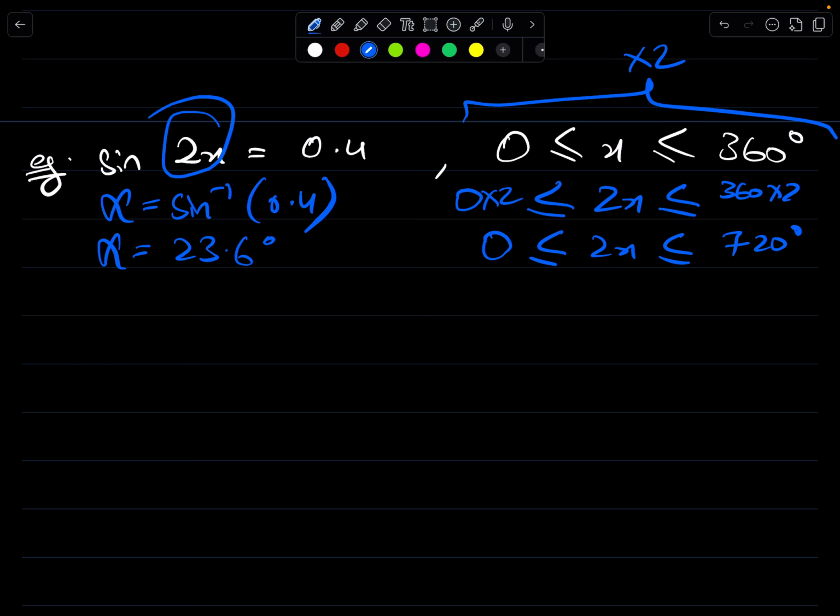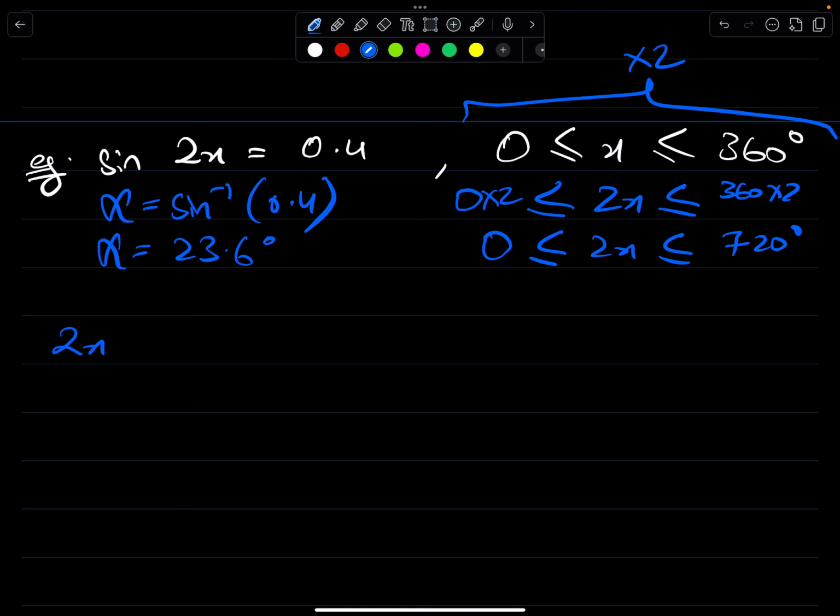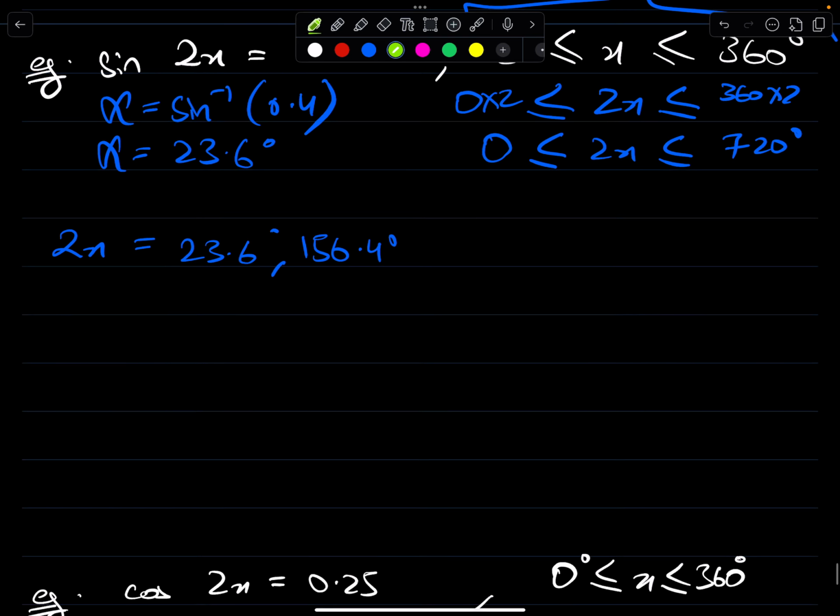We will start with 2x since that is in the question. So we have 2x is equal to 23.6 degrees in the first quadrant, and in the second quadrant we have 156.4 degrees. This is not the end.